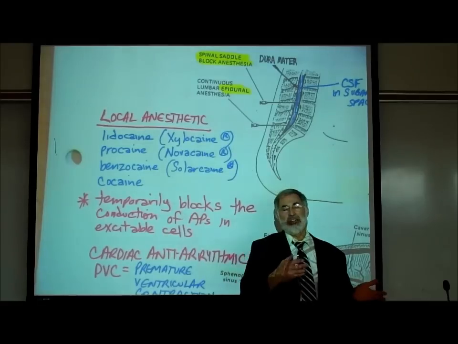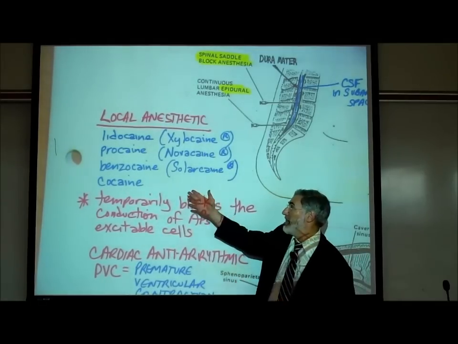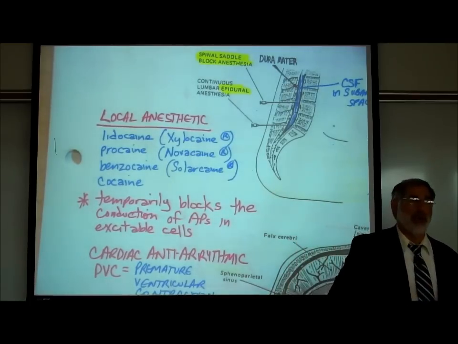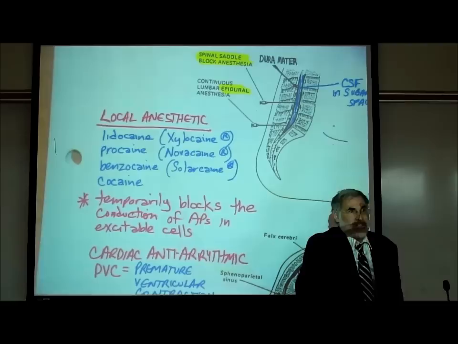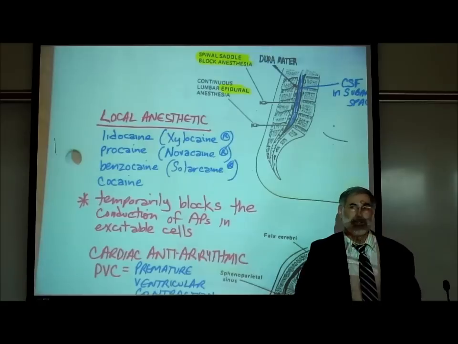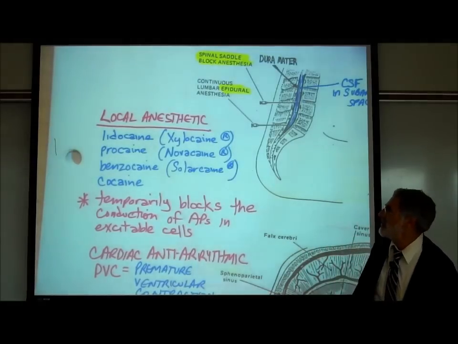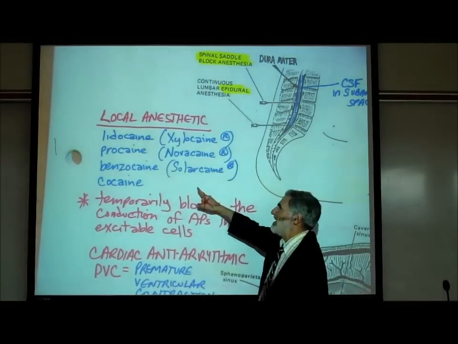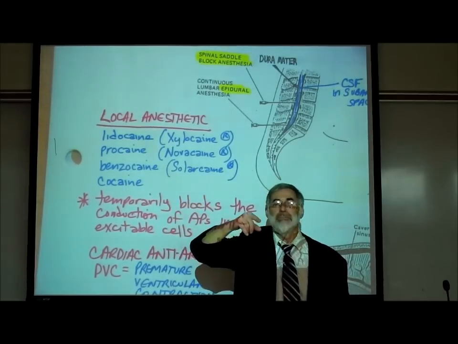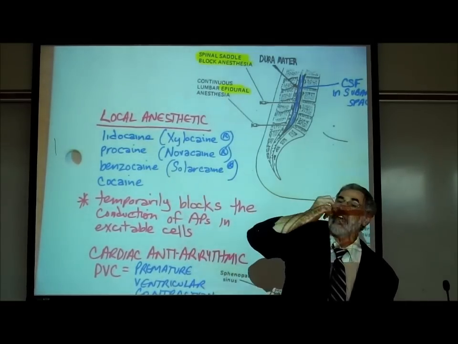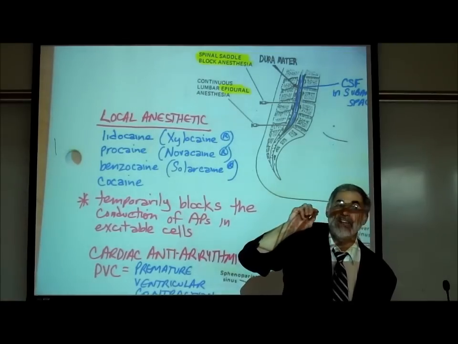They use benzocaine in a lot of things. It's the active ingredient in Solarcaine for sunburn pain. If you've ever had a sunburn and you got that spray for your back, that's called Solarcaine, and the active ingredient is benzocaine. Incidentally, benzocaine is also what a dentist or dental hygienist uses before giving you that shot of lidocaine.